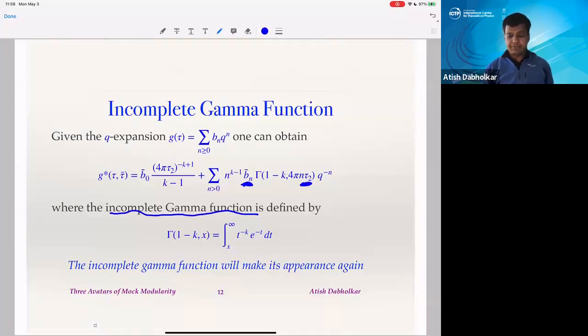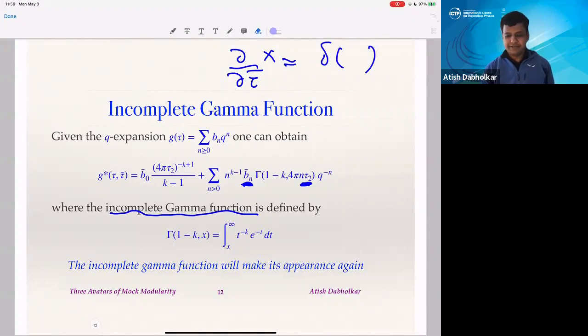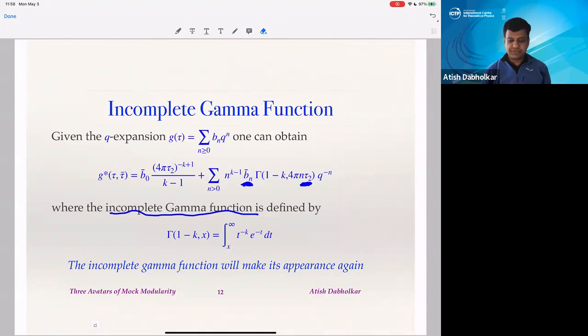But one simple way to remember is that the gamma function appears because you're trying to invert del by del tau bar acting on something as a delta function. It's like a Green's function for the operator del by del tau bar. So roughly speaking, what you're doing is finding the Green's function for this operator, and this is the solution to it.